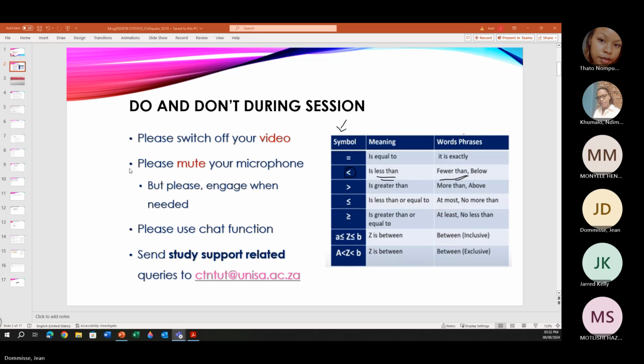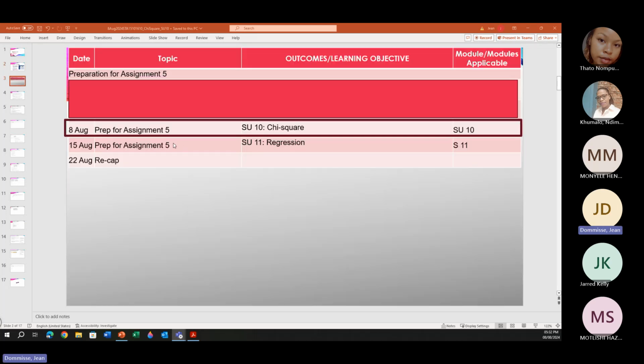Okay, then just quickly, next week we'll do study unit 11. So that again is regression, and then we're actually done, which is scary. But then we'll do a few rounds of recaps, so that we get you ready for that last assignment, and then we will start prepping for the exam. I don't think there is an exam date yet.